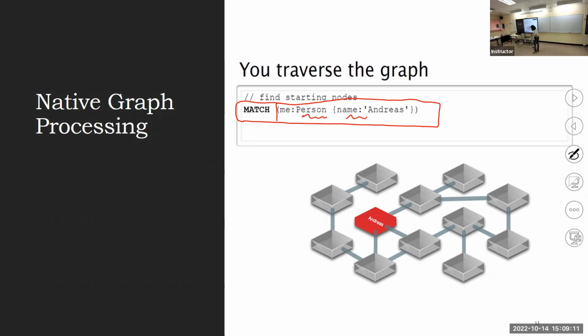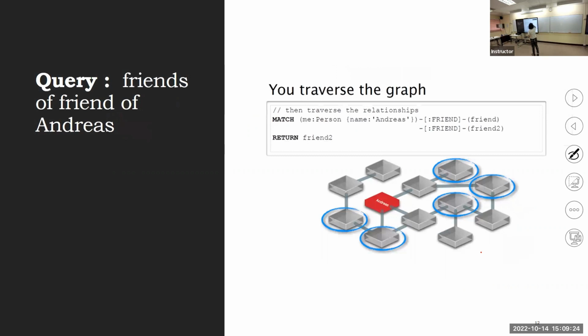If there are more, it will identify those nodes for us, if there is more than one node in the graph. And in this example, we first find a person with the name Andreas as a starting point.